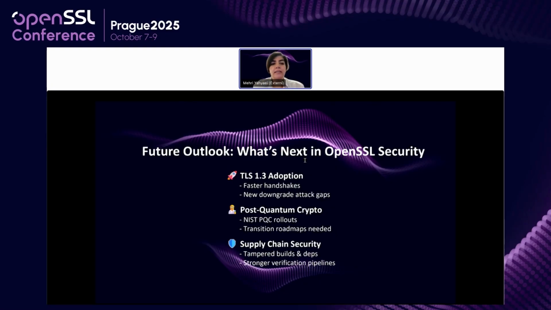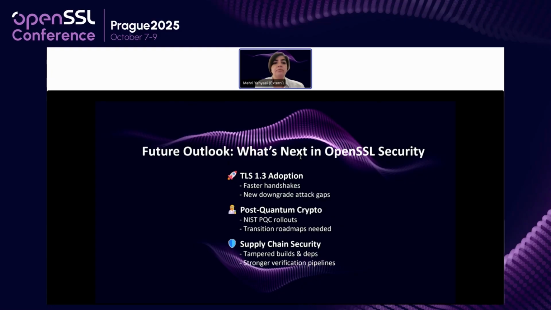First of all, it's TLS 1.3 adoption, which brings faster and more secure handshakes and an easier way to configure. But it also introduces new downgrade challenges when other systems still depend on TLS 1.2, which, as we know, is not secure enough.